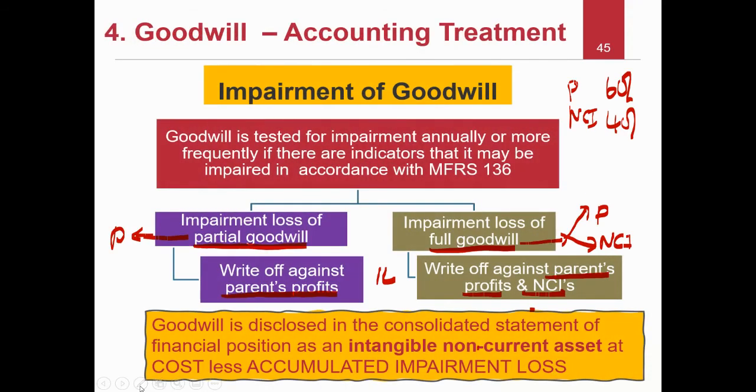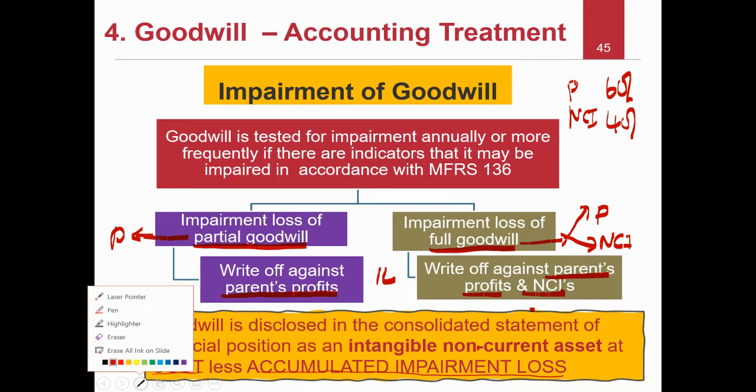The carrying amount here means the cost of the goodwill, minus the accumulated impairment loss if you have been doing impairment more than once. So you need to deduct the accumulated impairment loss.